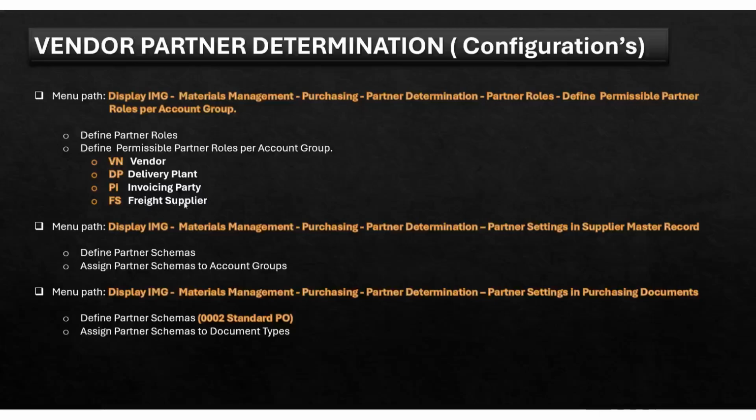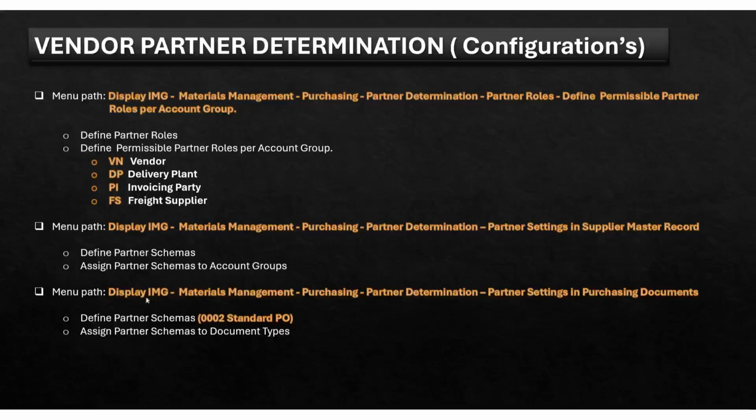Then I will follow the menu path in defining the partner schemas and assigning the partner schemas to the account groups. The third menu path is the partner settings in purchasing documents, that is define the partner schemas, where the key has already been provided by SAP, that is 0002, and that refers to the standard purchasing organization. And then we assign the partner schemas to the document types.